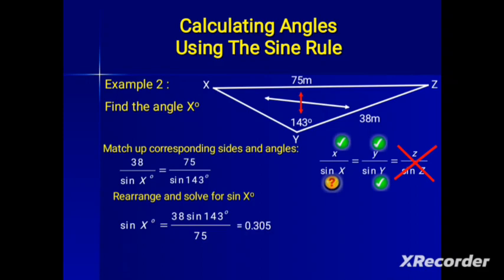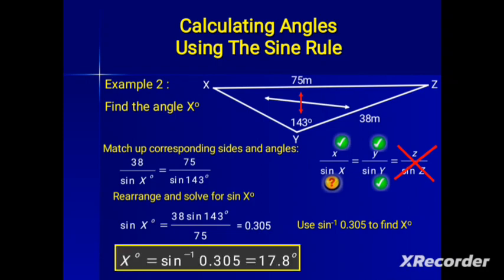From the calculator, you get 0.305. And because we are still supposed to find x degrees, we get the sine inverse of our answer. Therefore, x is equal to 17.8 degrees.